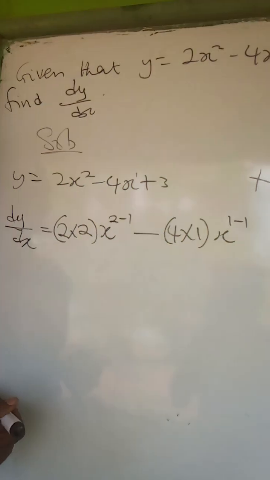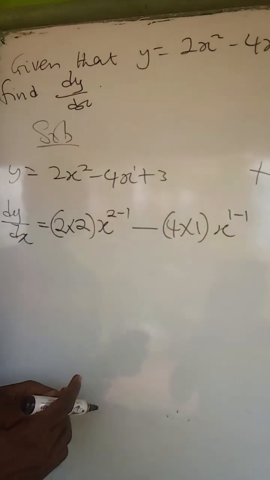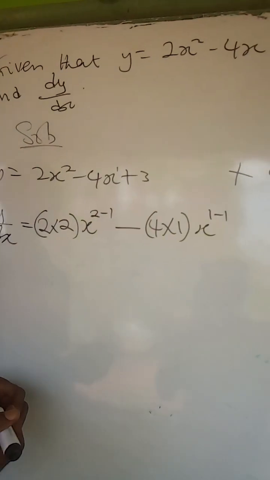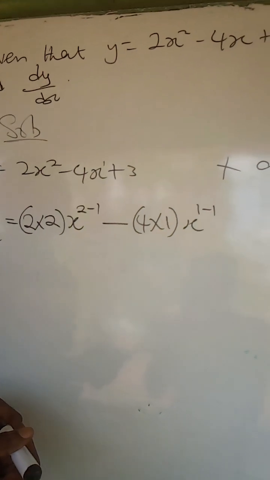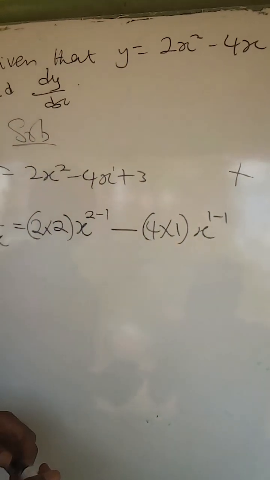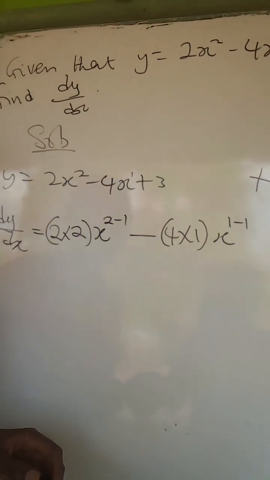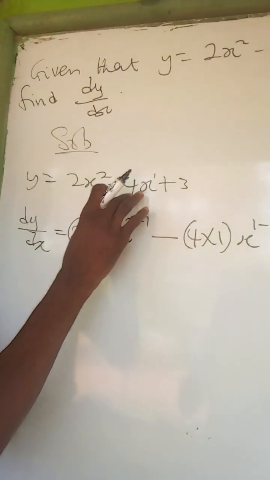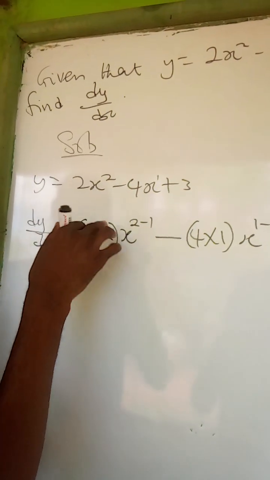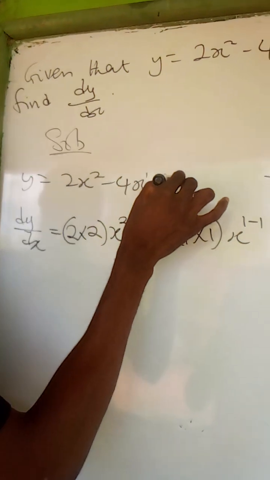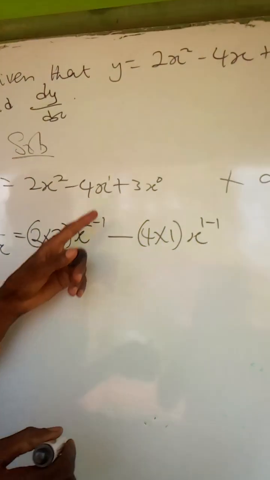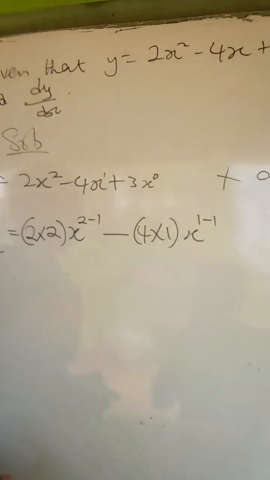Now, we come to the third term, which is a constant. And anytime you differentiate a constant, the result is 0. I'll explain why. As it is standing, ideally, this one is supposed to be 3x raised to the power 0.